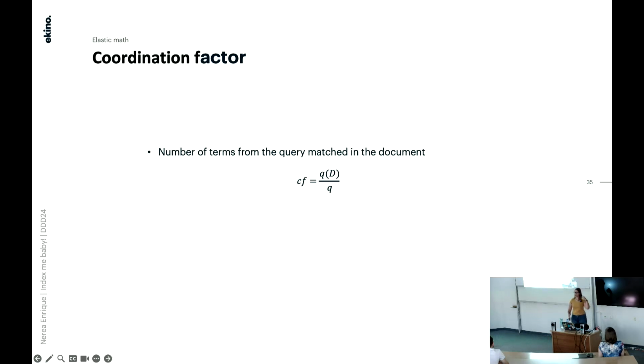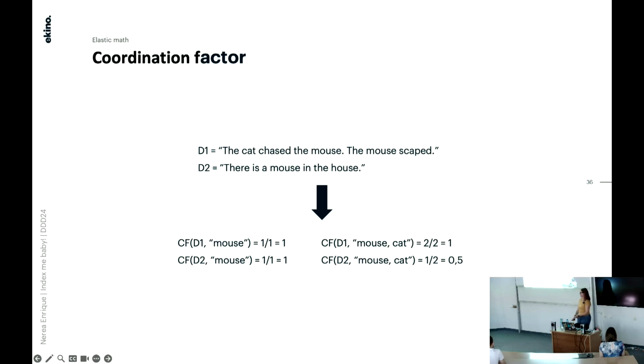And in the end, we have the coordination factor, which is quite simple too. It's just knowing how much of the user's query will be found in the document. So if I try to search mouse, it's binary because my query just has one term.